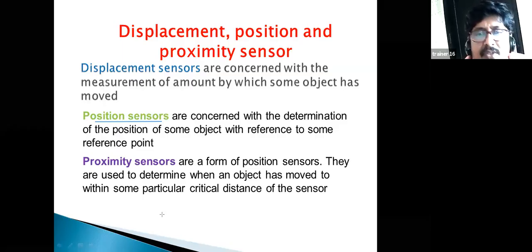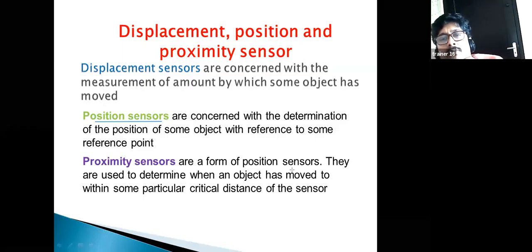With some particular distance only, it will respond. Otherwise, it will not respond. So here I have written clearly, some particular critical distance. These are non-contact type of sensors, right? And for contact type, you also have to push the button, and then it will make contact and then it will respond.